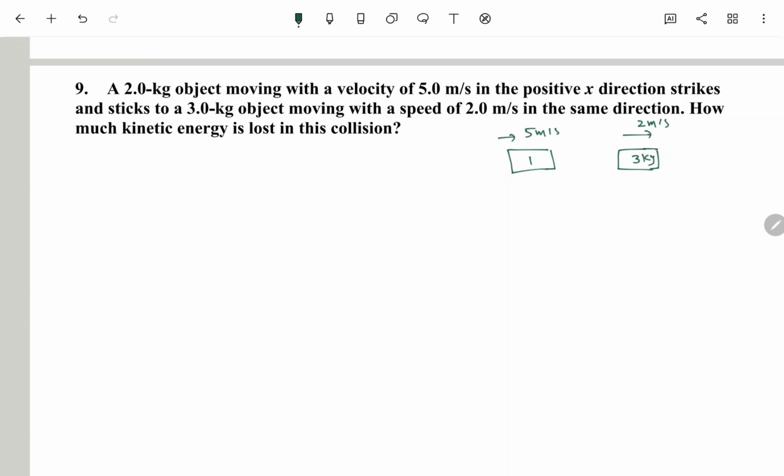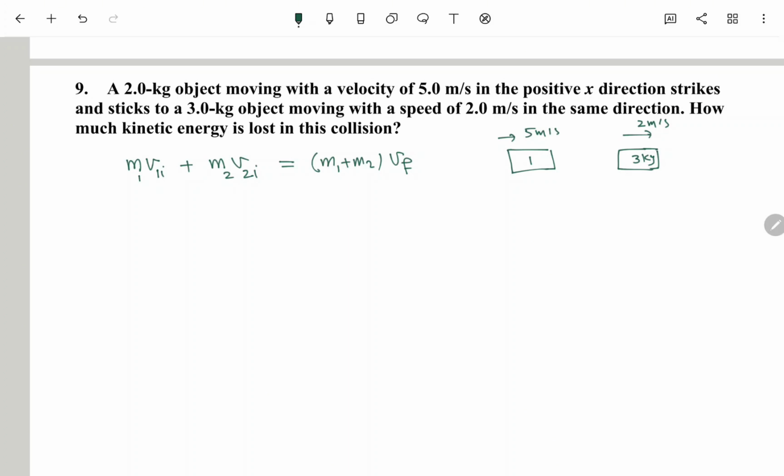In this case, M for the first object, V for the first object initial, plus M for the second object, V2 initial for the second object, is equal to, since they stick together, M1 plus M2 times V final. No need here to name it 1 or 2 because it's the same speed for both objects when they stick together.